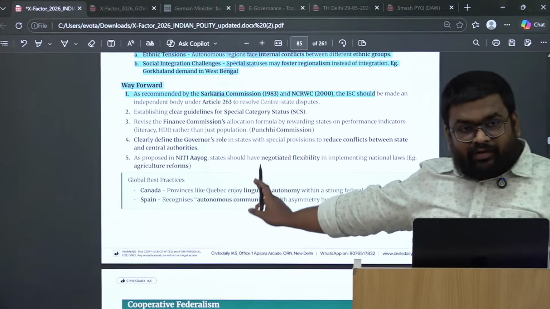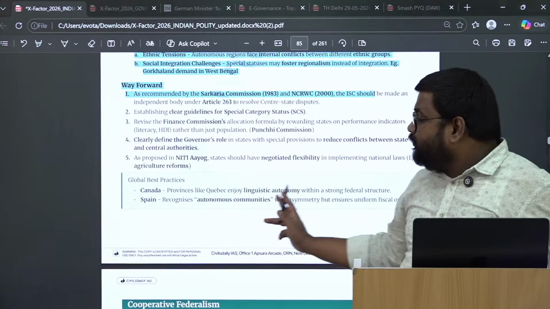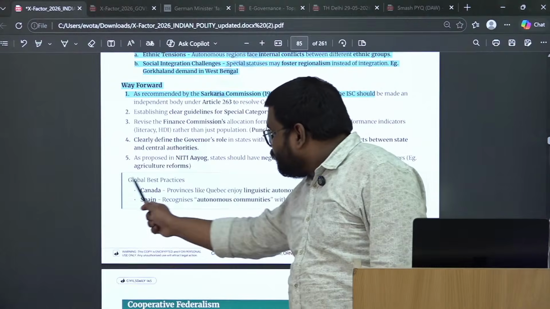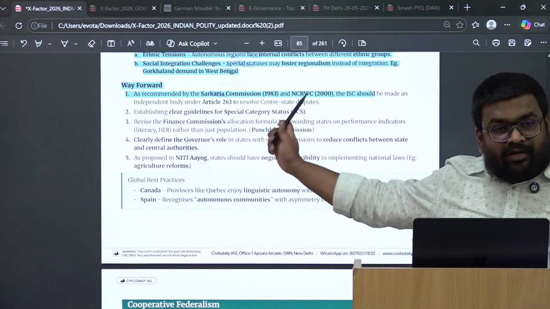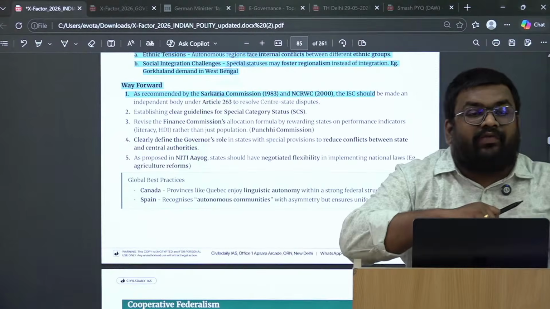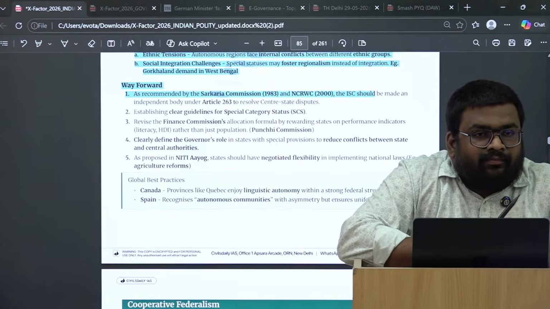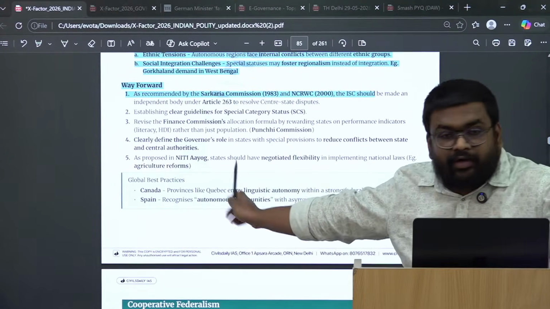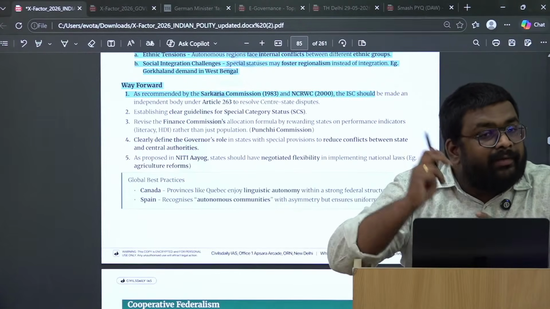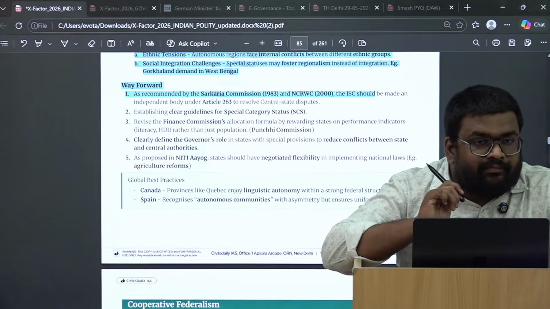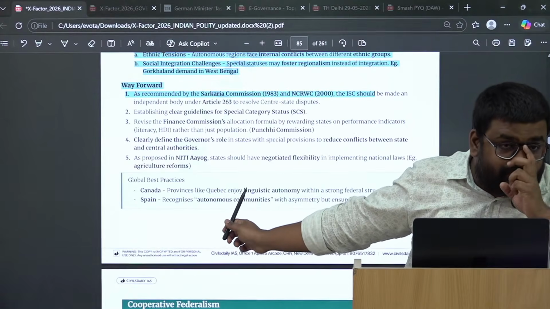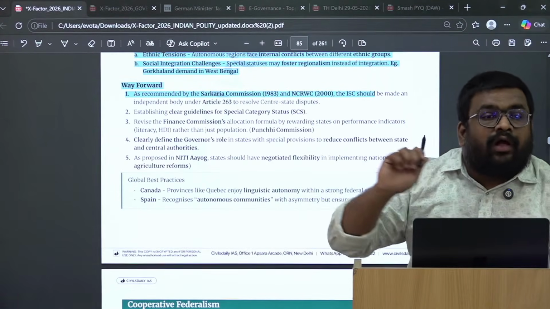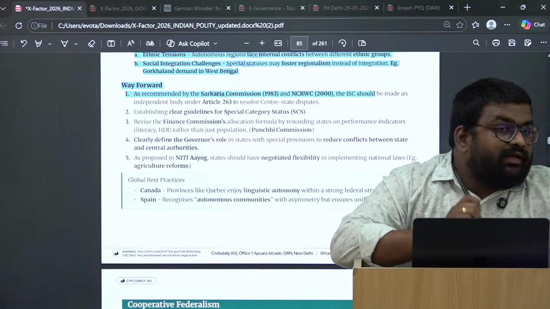Why I have given this into the box is because these are going to add the X factor pointers. इन दोनों में से आपने कोई भी एक भी लिखा, that itself, that single point is going to give you 0.5 extra mark. ठीक है, that is why we have put it into the table. So जहां पे भी आपको ऐसे टेबल में दिखेगा, वहां पे बस याद रखना कि this is X factor pointer. ठीक है, और इसको आपको आंसर में इनकॉर्पोरेट करना ही है.